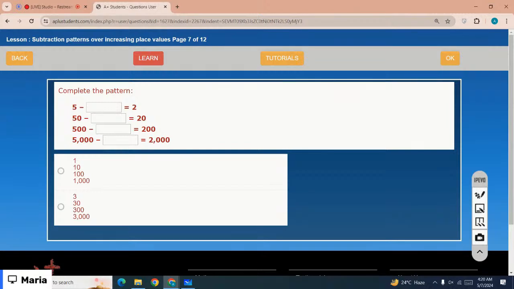The correct option is 5 take away 3 is 2, 50 take away 30 is 20, 500 take away 300 is 200. Option number 2 is the correct option. Okay, you can complete the lesson by yourself later today. Let me just move on to the next lesson.